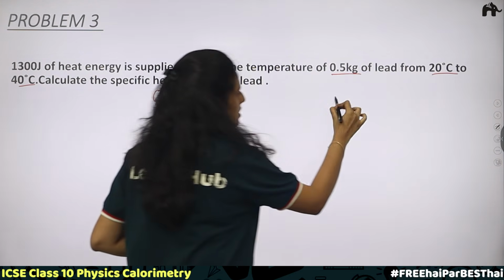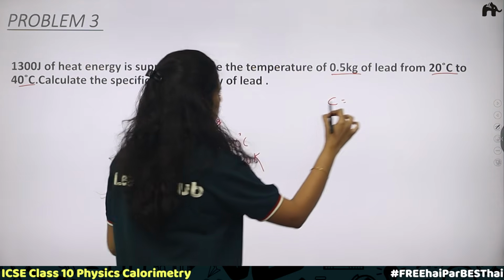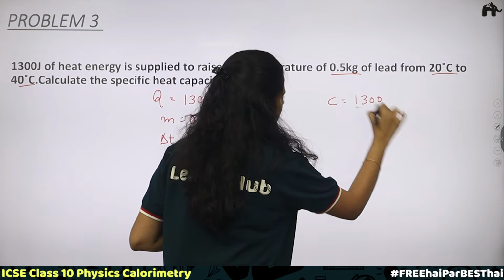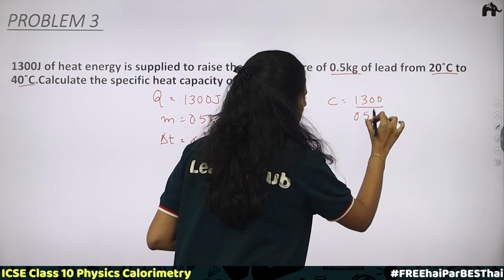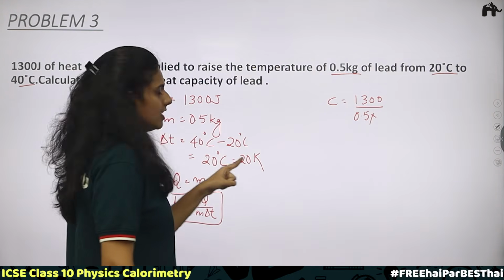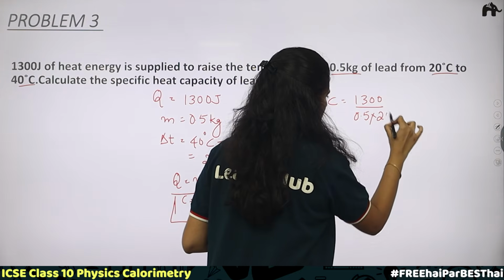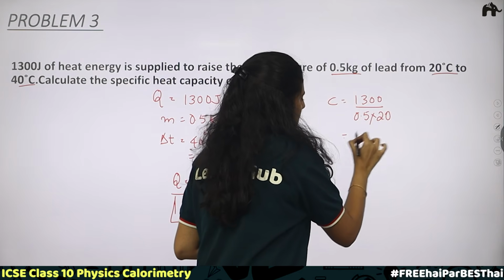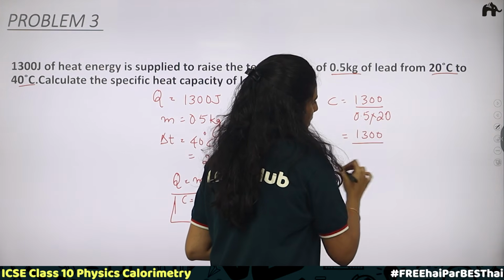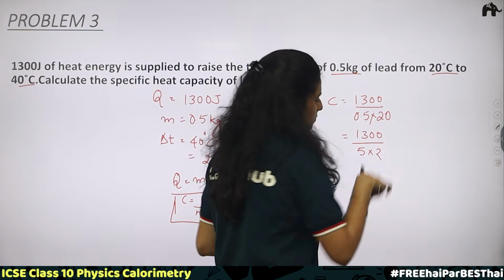Okay, substitute the values. C is equal to Q, Q is 1300, divided by M, M is 0.5, into delta T is 20. Okay, so taking this 0, this point can be removed. It becomes 1300 divided by 5 into 2.